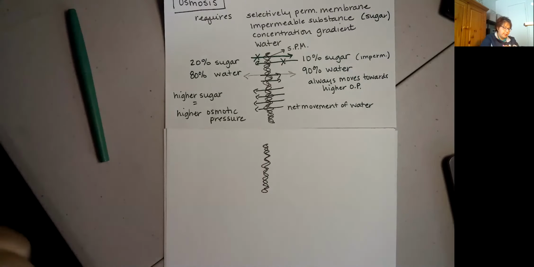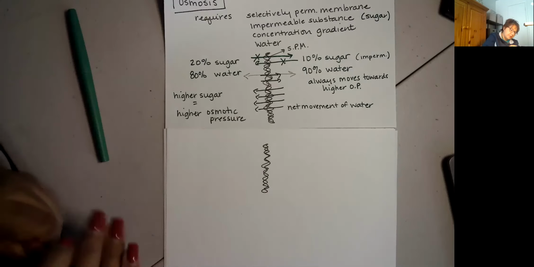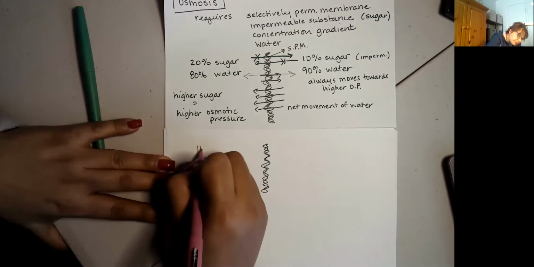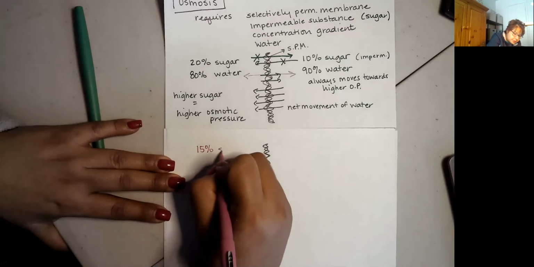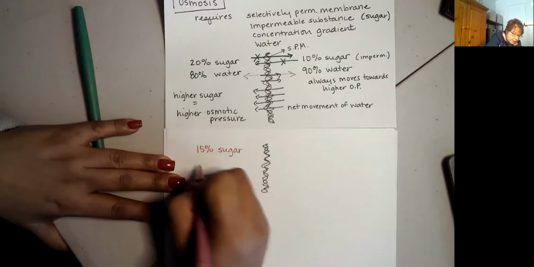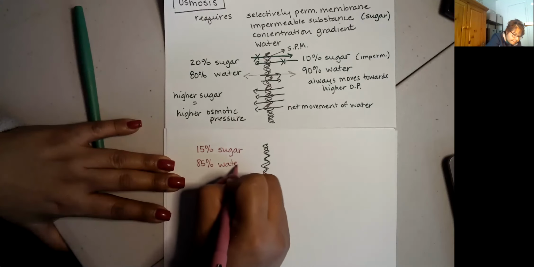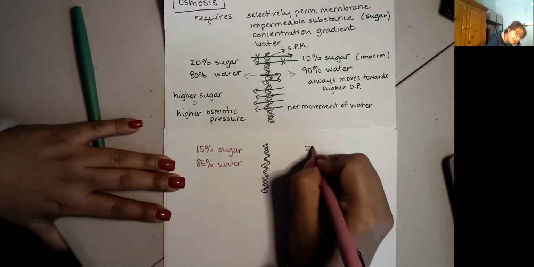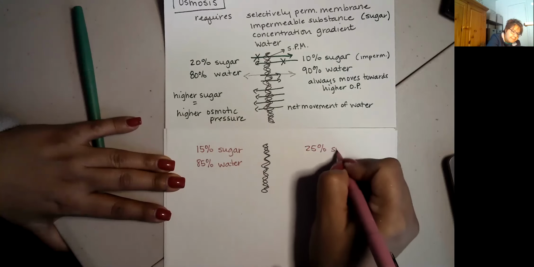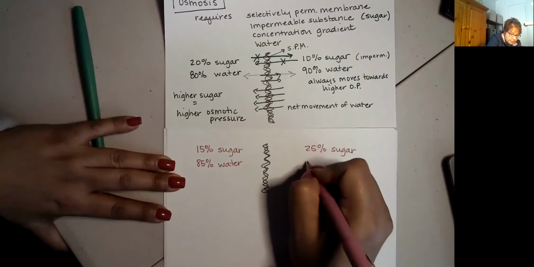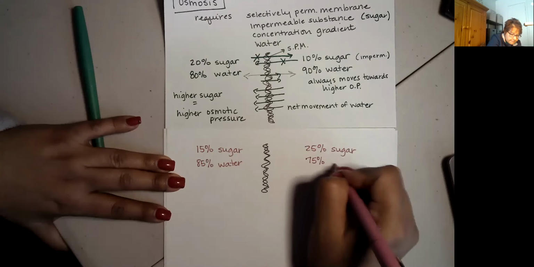And we're going to separate it this time with a 15% sugar solution, and that will give us 85% water. This side's going to have a 25% sugar solution, 75% water.